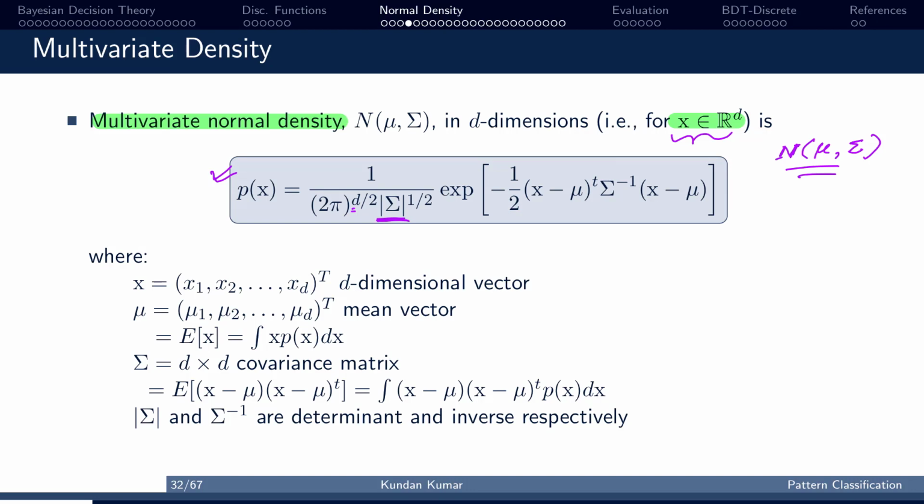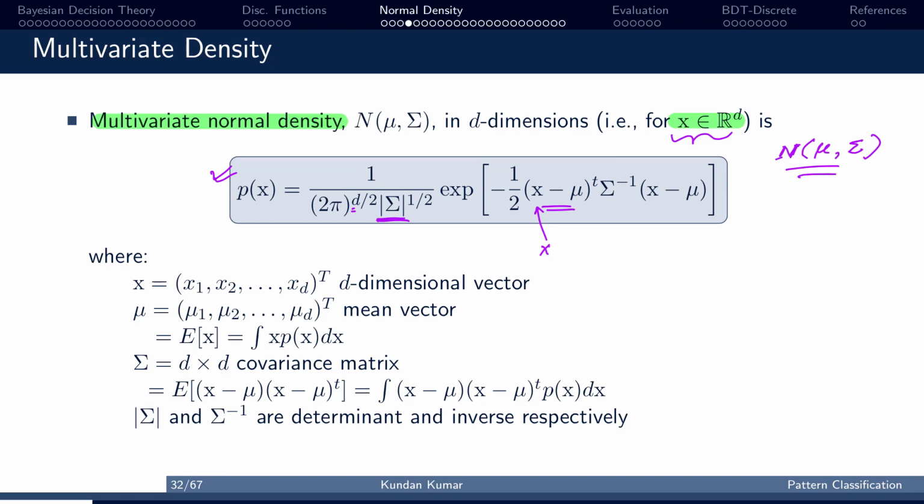So here we have x as a feature vector because it is not a scalar quantity anymore. This is a d-dimensional feature vector. So that is why we have written this in matrix form.